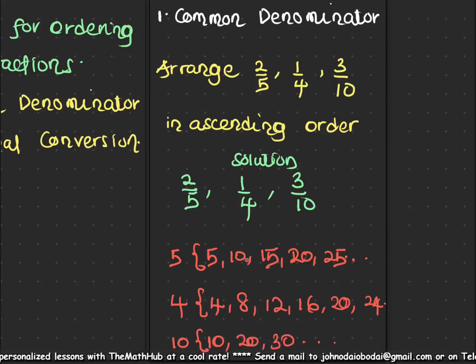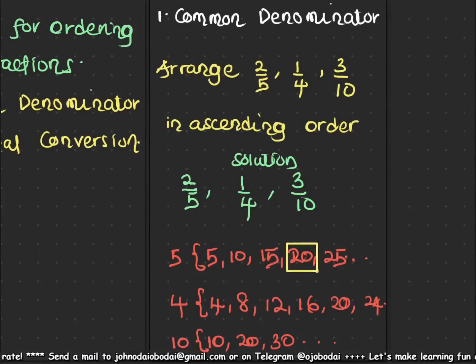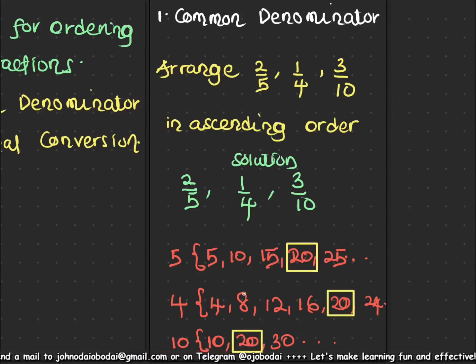Now, among all these multiples, you would want to write out the common ones among them all, and then pick the smallest one. If you look at it carefully, our common one is 20. 20 is common to all of these multiples. 5 is not common to all, and 10 is not common to all; it is just common to 5 and 10.